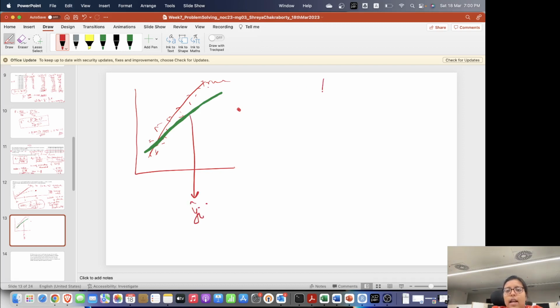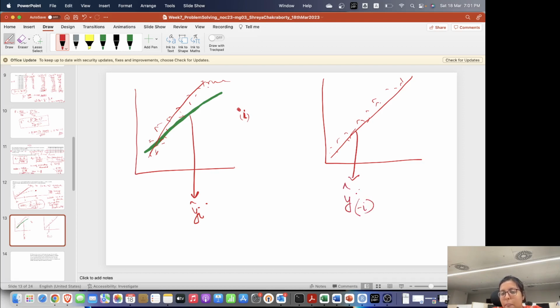Okay, now if we just leave out the ith observation, then we will have just this line. So, whatever is this predicted line, this is y minus i hat.